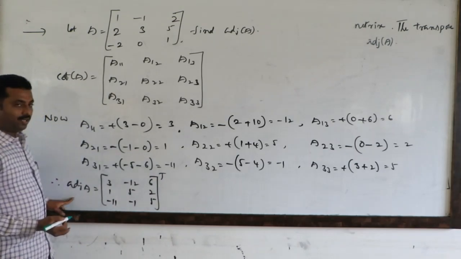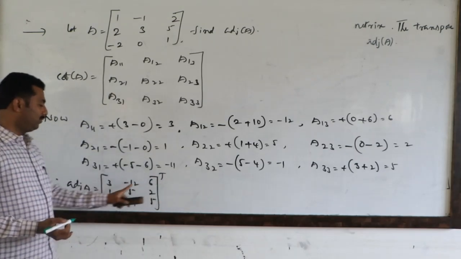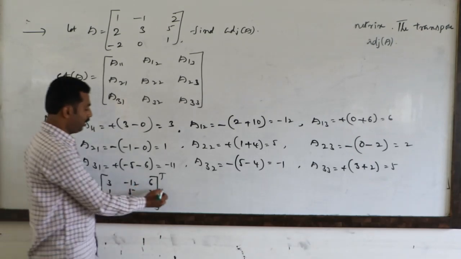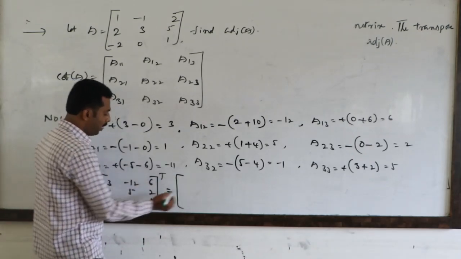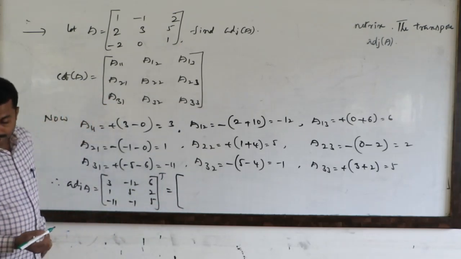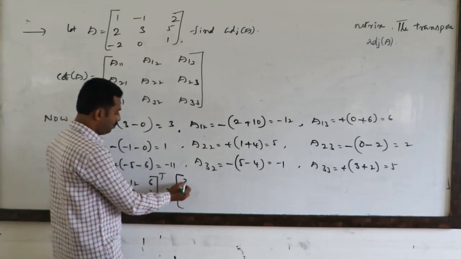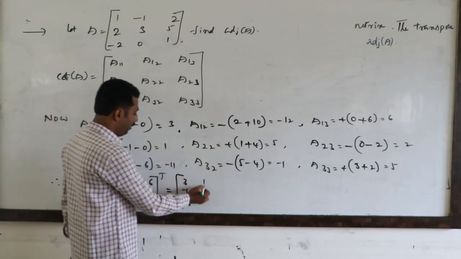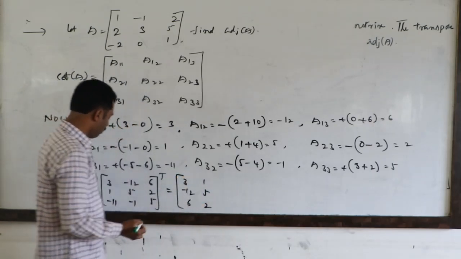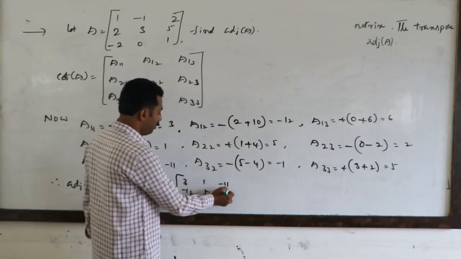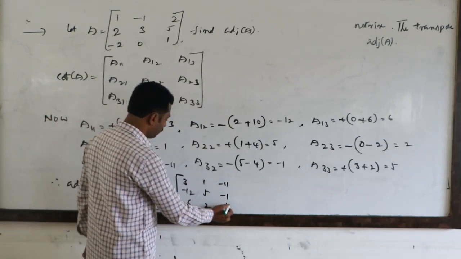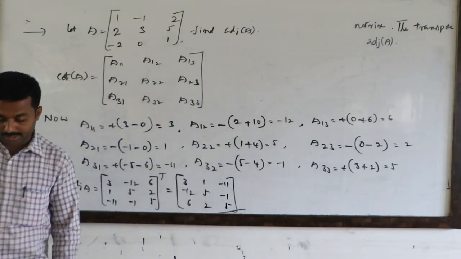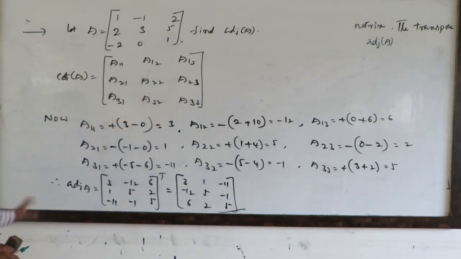What is the adjoint of A? The transpose of the cofactors of elements of capital A is called adjoint of A. So this is the adjoint, nothing but 3 minus 2, 3 minus 12, 6, 1 5, 2, minus 11, minus 1, 5. Like this we have to calculate the adjoint of a square matrix capital A.